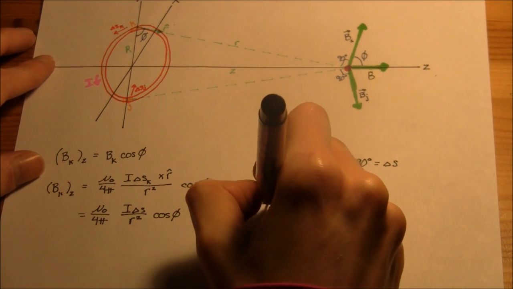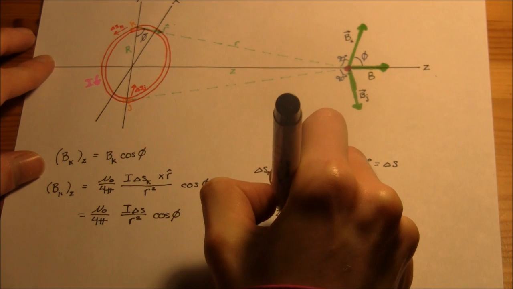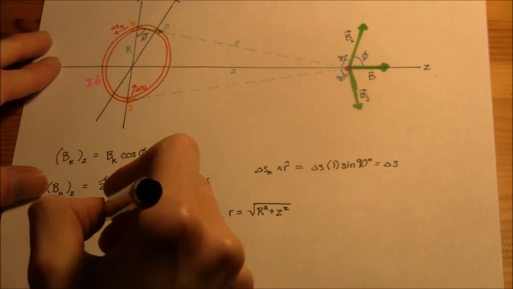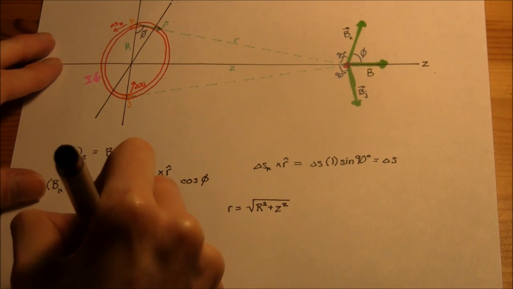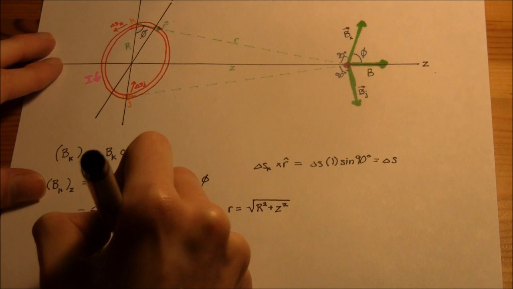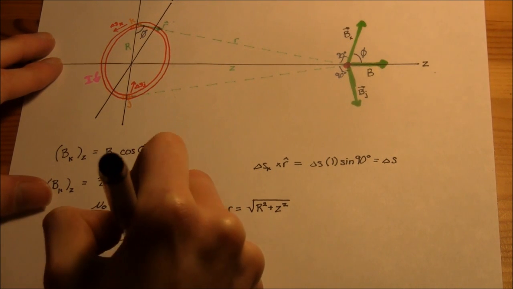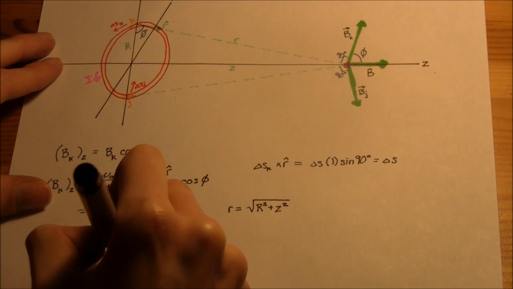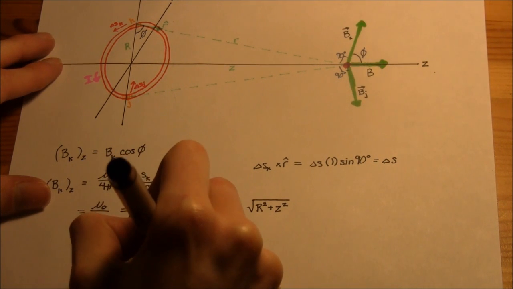So R is the square root of radius squared plus z squared. Now in the equation, the value of R is squared, so the square root disappears, so we are left with mu naught over 4 pi I delta S over R squared plus z squared cosine phi.